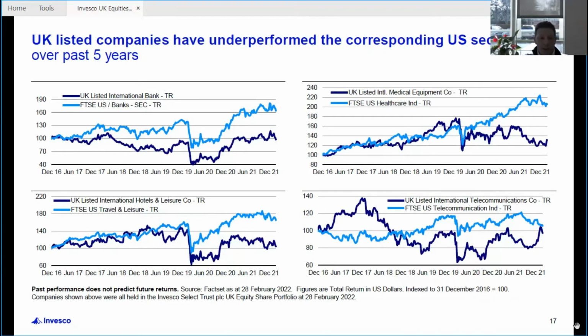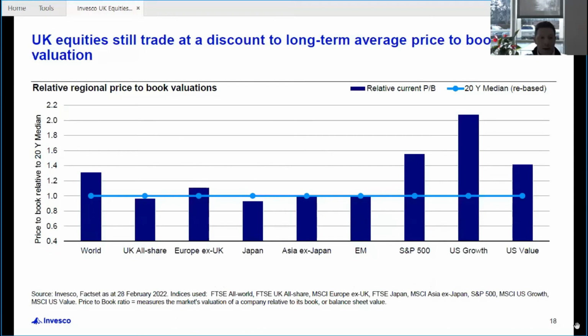On the next slide, we're looking at another way. Here we're looking at the price to book valuation of each of these markets or groups of markets relative to their own 20-year median.